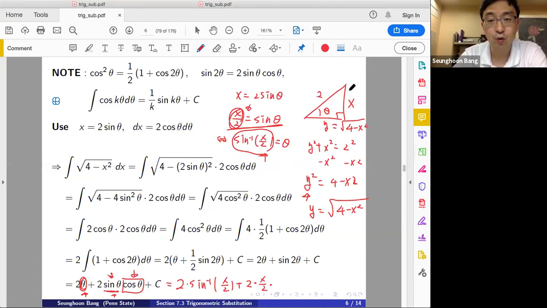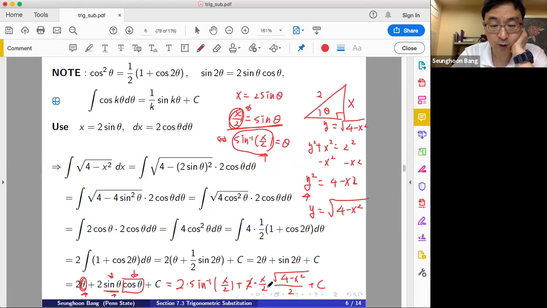Remember the definition of cosine theta from the right triangle: adjacent over hypotenuse, the square root of 4 minus x squared over 2, plus c.